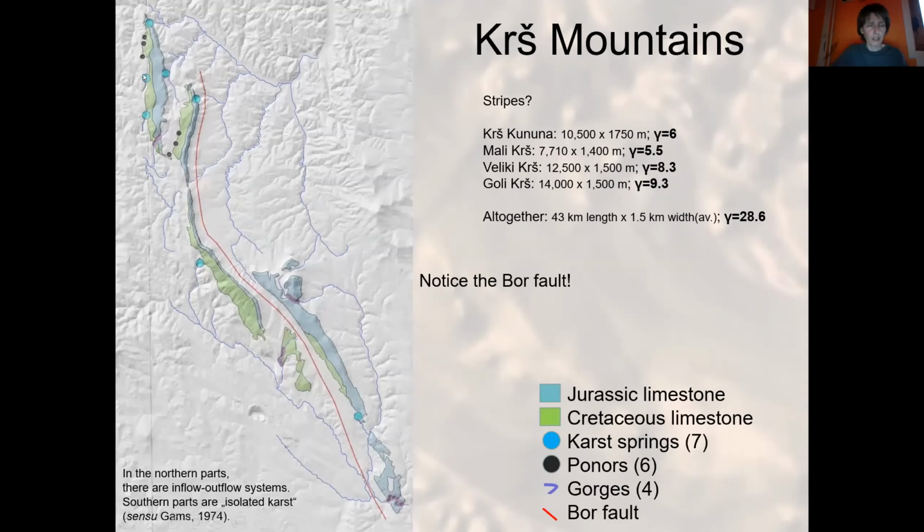So you can see here the many contact features are on these northern portions, while the southern portions are almost isolated karst in terms of gums.